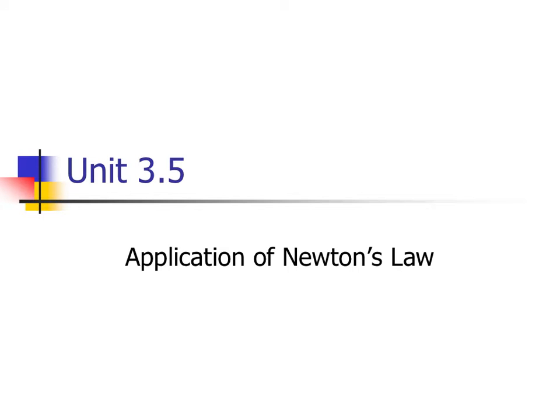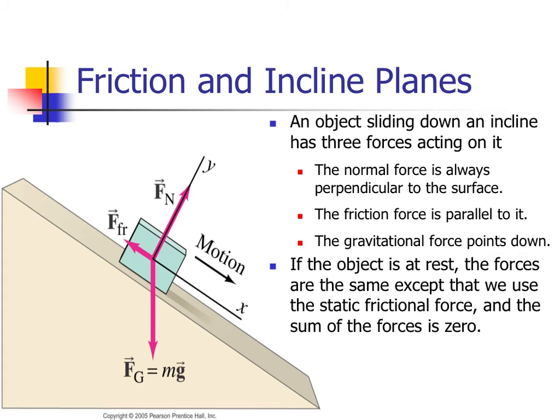We will continue working through Unit 3.5 today, more specifically, going over some problems where motion is in more than one direction. When we have motion in more than one direction, such as on a ramp, we have to be careful about what we say our normal force is equal to.